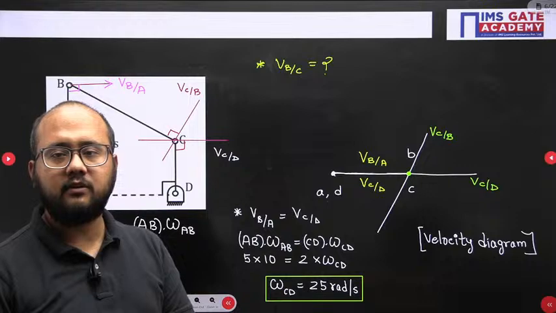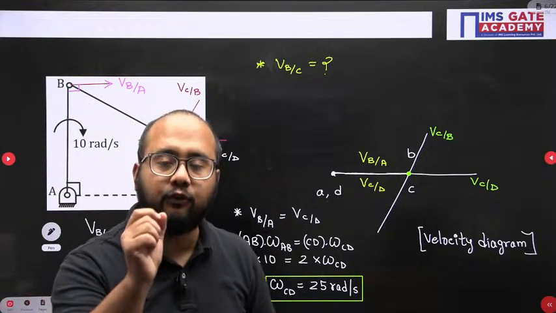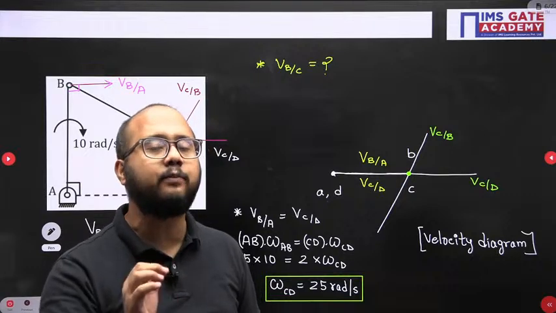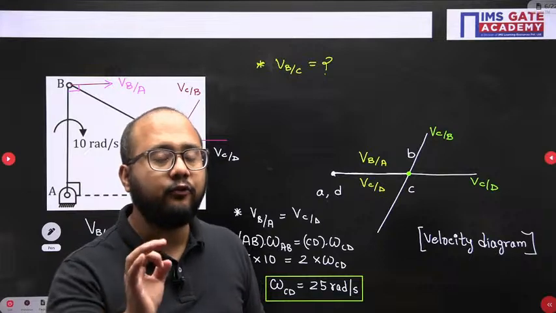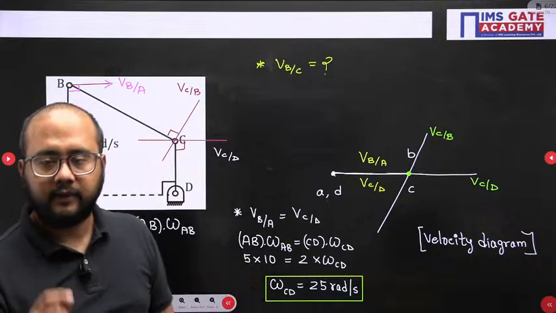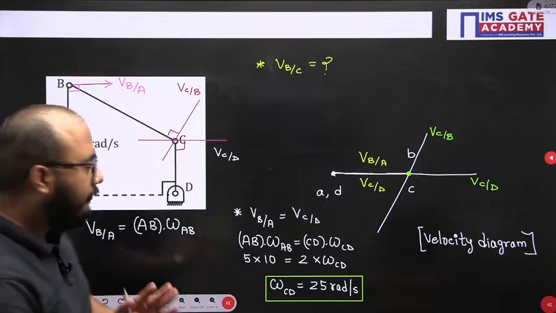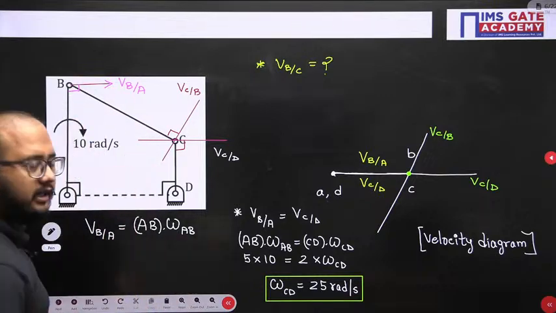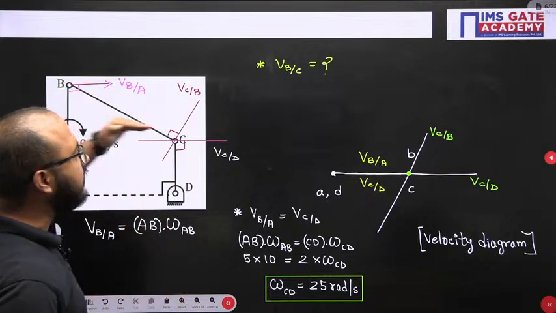Drawing the diagram is the problem. Yes, I know there will be some difficulties, but if you strictly follow the procedure, you will never face difficulty. You have to follow the procedure. Mechanical world, please understand this thing. What is the procedure? Whatever the configuration is given, in that configuration you just need to draw correct velocity vectors.